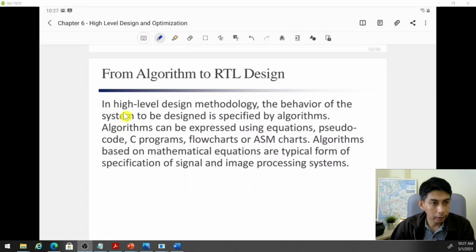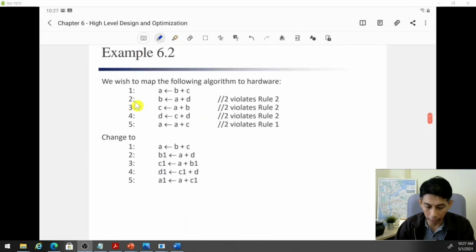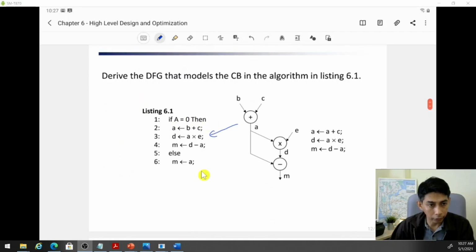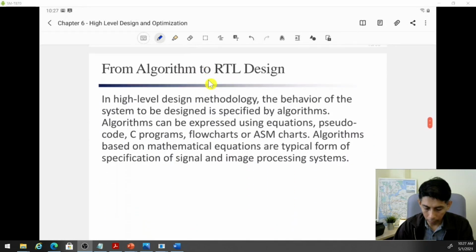Next, in high-level design methodology, the behavior of the system to be designed is specified by an algorithm. Yes, we know this. An algorithm can be expressed using equations. In the previous example, we used equations and also pseudocode, maybe a flowchart or ASM chart.